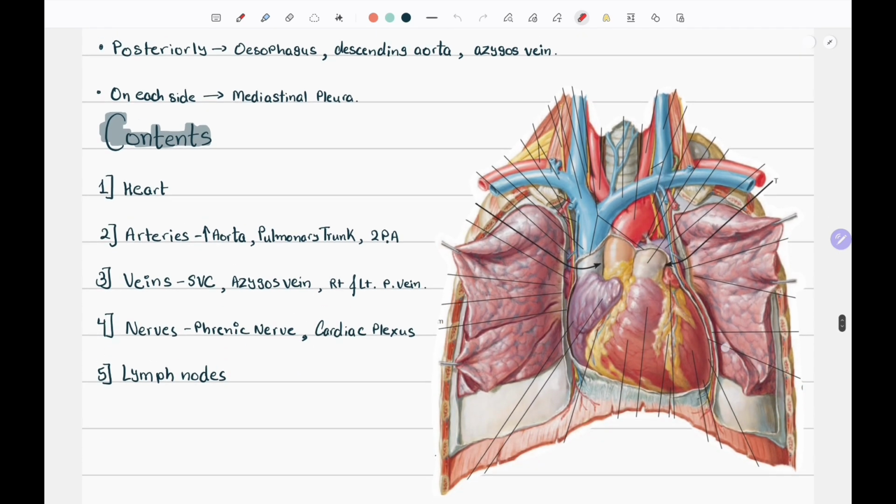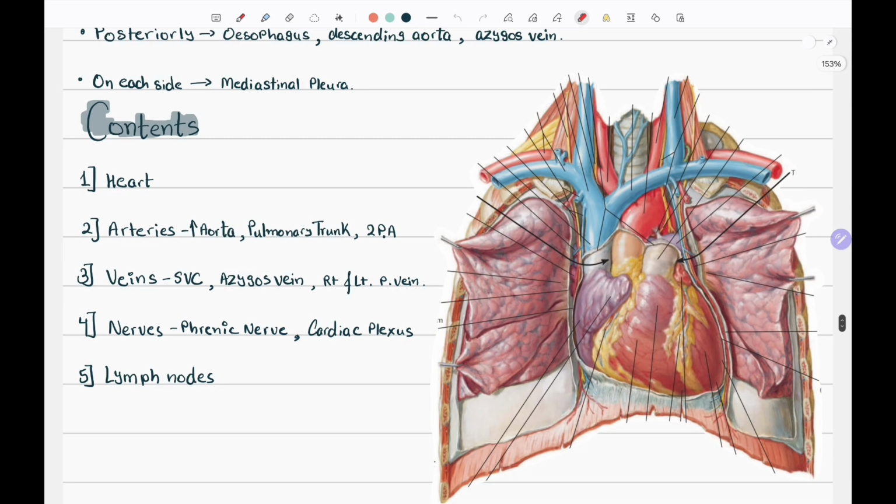So once again, with the help of this diagram, showing you. So this was our superior mediastinum. The rest was our inferior mediastinum, and the anterior mediastinum, which is a division of the inferior mediastinum, is lying in front of the heart.